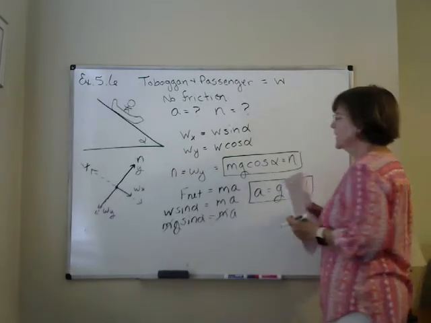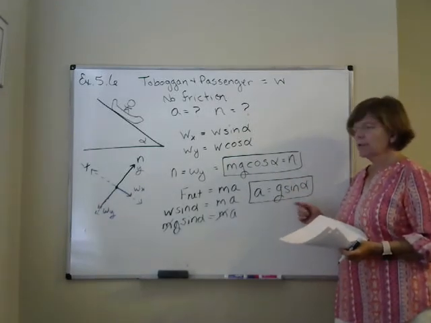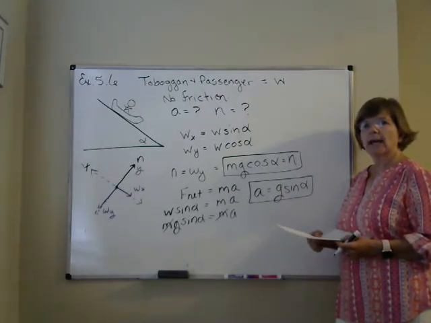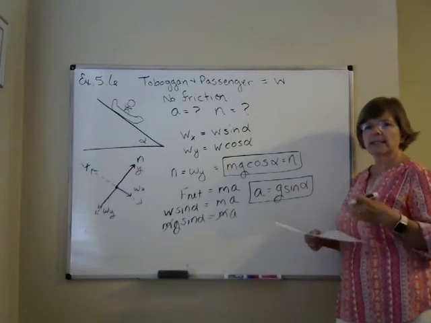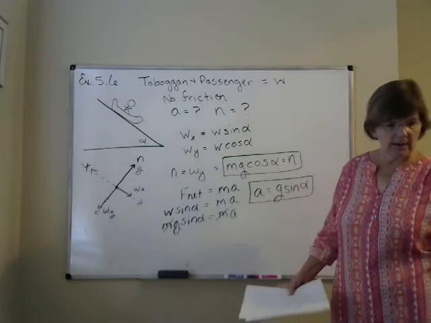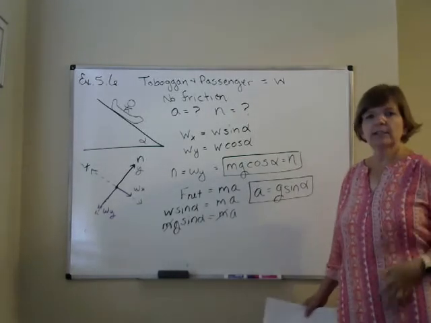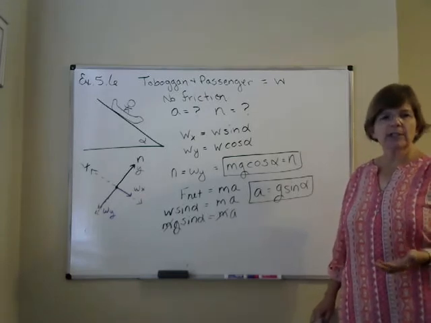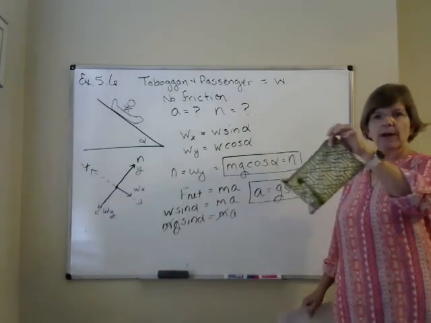Let's stop and think about this, because I think it makes a lot of sense once you see it. First of all, the acceleration doesn't depend on your mass. But that's always true when something is accelerating due to gravity. If I draw this hairbrush, its acceleration doesn't depend on its mass. It falls with the same acceleration as this pencil pouch.